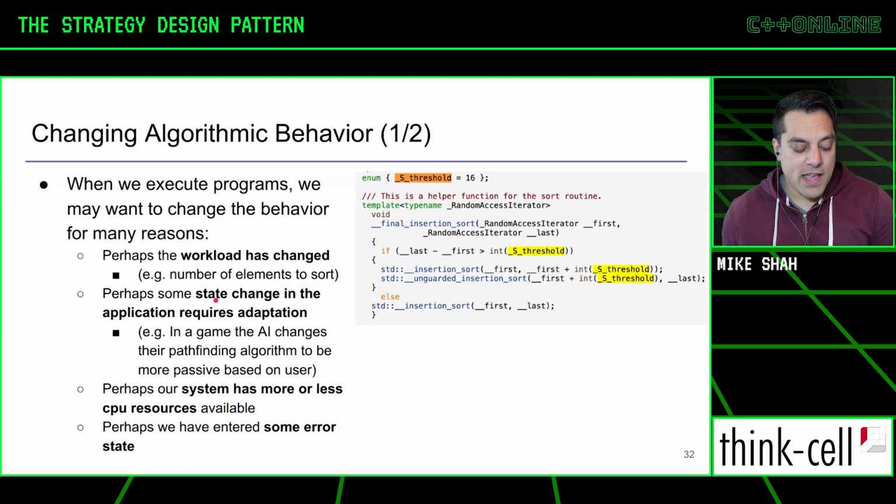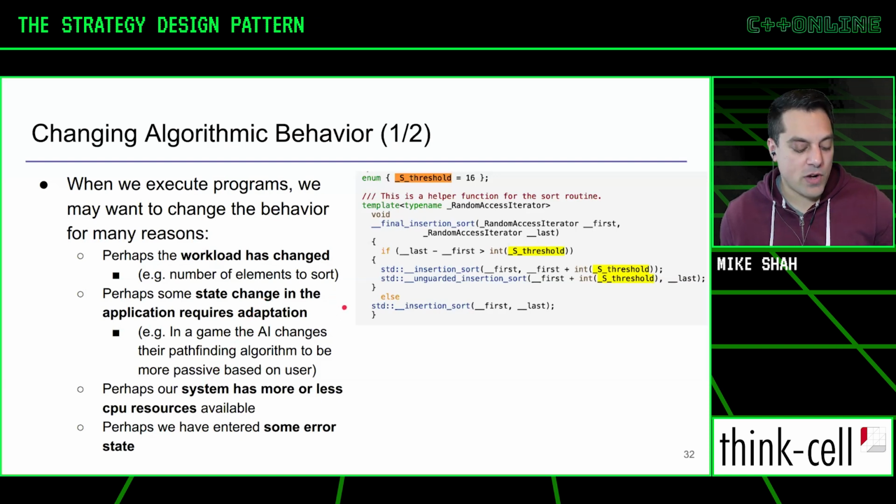We might also want to consider if some state has changed in the application, maybe based off user interaction. In a gaming example, because I come from a gaming graphics background, maybe the artificial intelligence changes its pathfinding algorithm to be more passive, adjusting to the user's skill level or some event in the game that happened. You'd want to be able to change that, right?